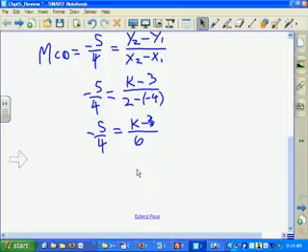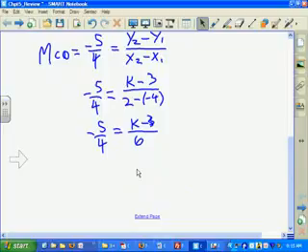Tell me what my next line should look like. What's my next step? This is chapter 4 stuff from this point on. Next line.